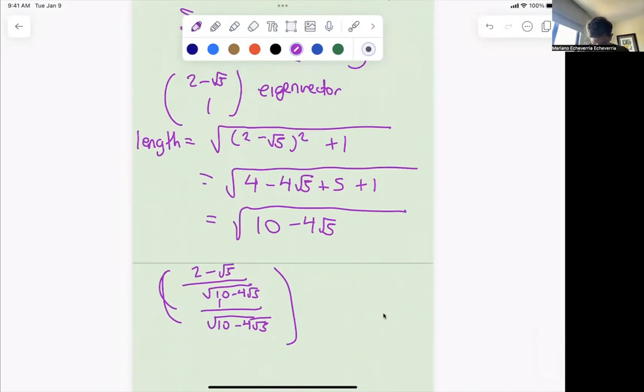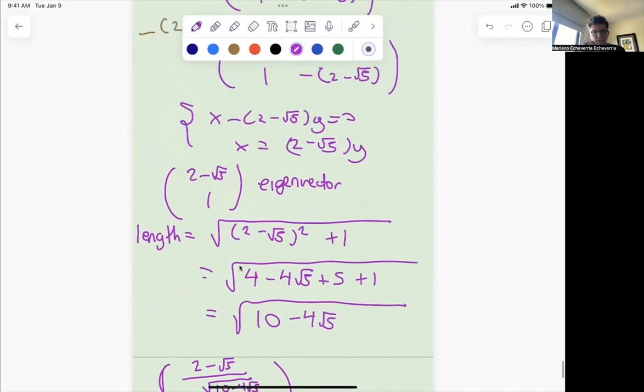Okay, so let's see. Let me check here. Am I doing this?